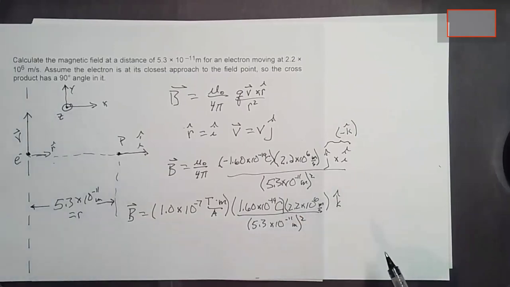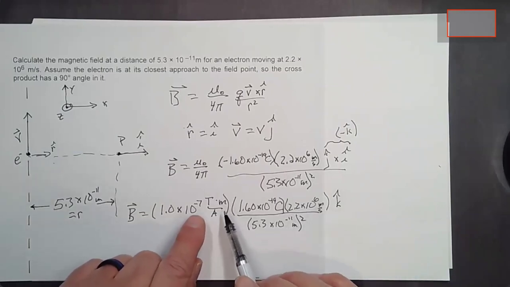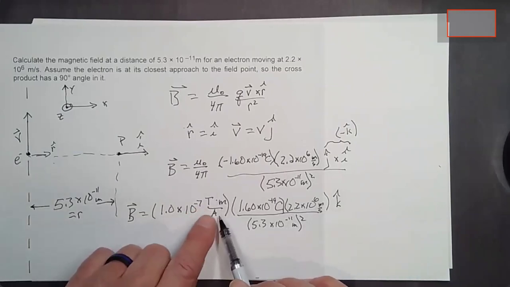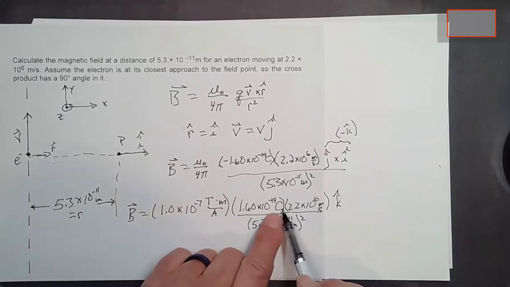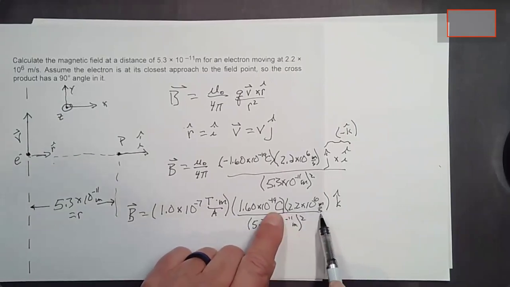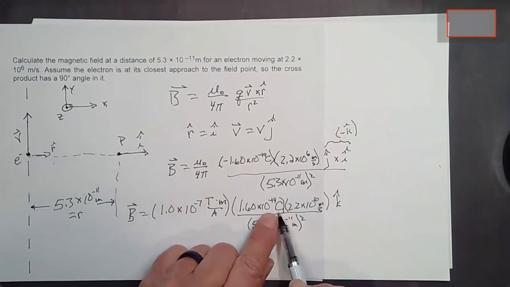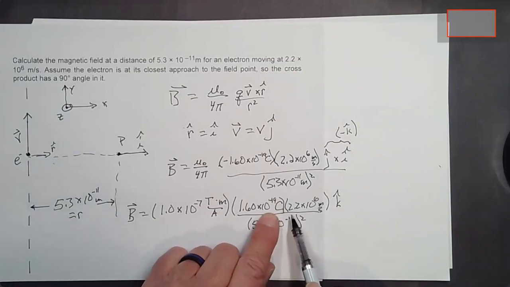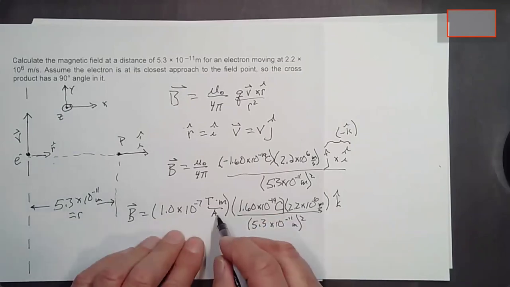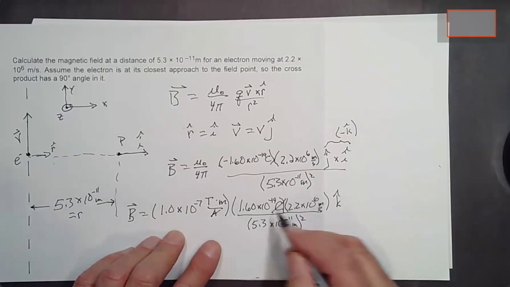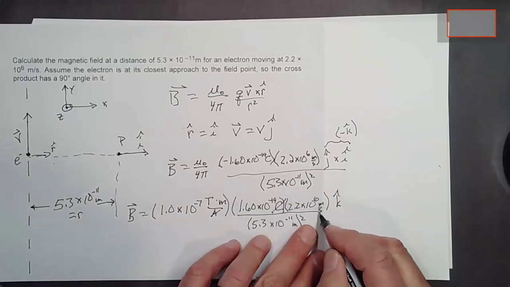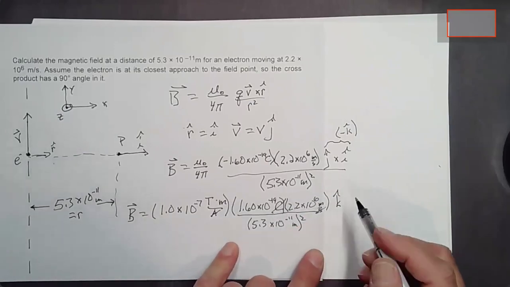All right, so how are our units going to work out here? Well, I have a Tesla over an amp. Here I've got a coulomb times a meter per second. If I take that per second and put it under here, that gives me an amp, coulomb per second, and that'll divide out with that amp. So I'm going to cross this out, and this out.